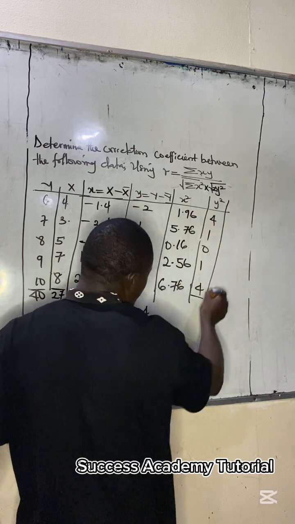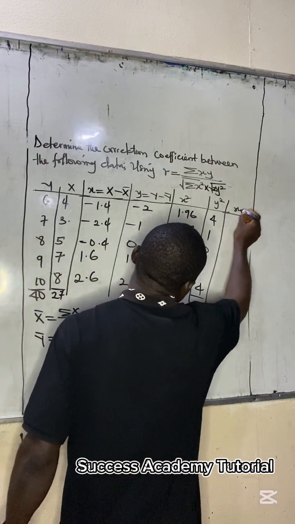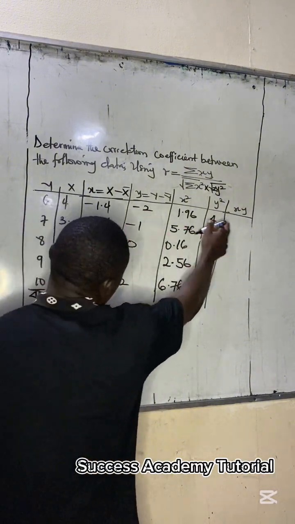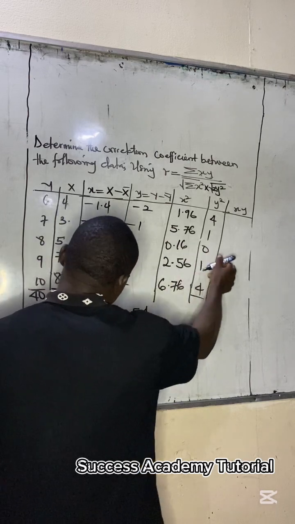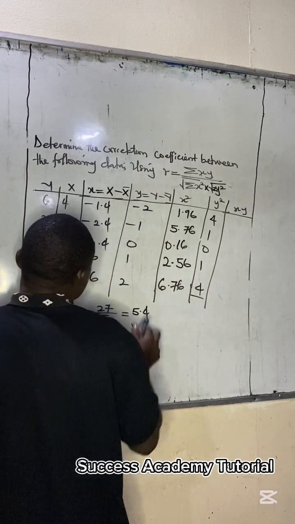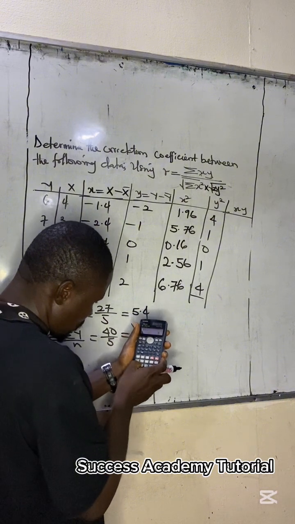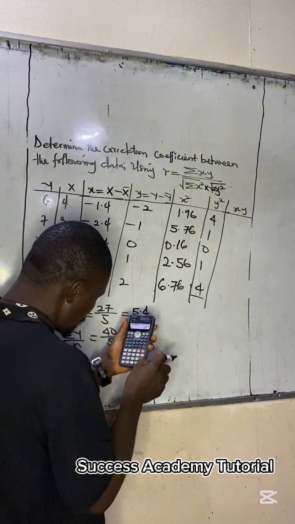And then we need xy. This times this gives you this, and so on. So we are going to say minus 1.4 times minus 2, that is going to be 2.8.